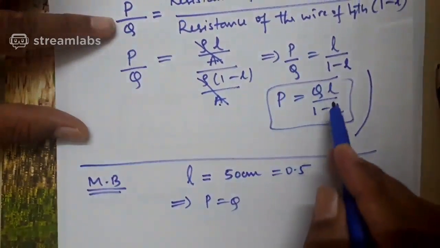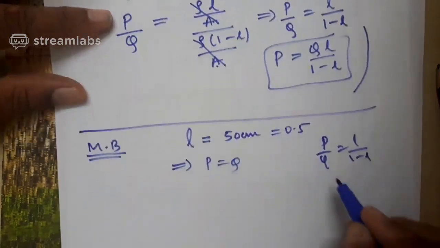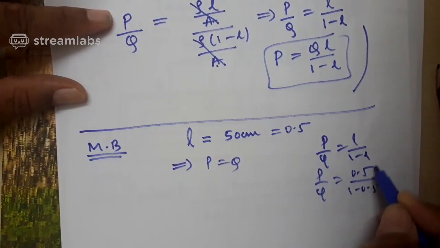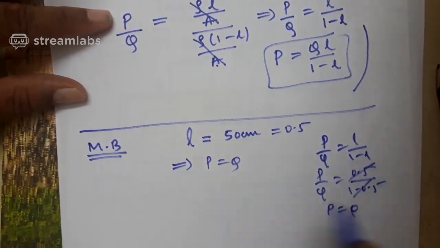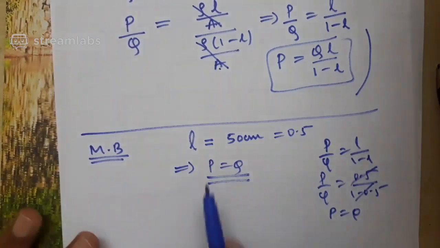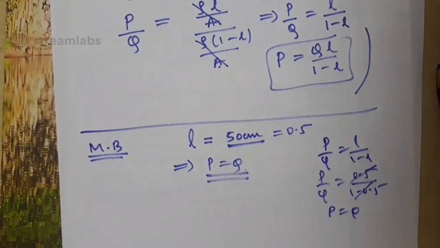If you use the formula, P by Q is equal to L by 1 minus L, L is 0.5, 1 minus 0.5 is also 0.5, it will get cancelled, which implies P is equal to Q. Means unknown resistance is equal to the resistance kept in the resistance box if the balancing length is 50 centimeter.